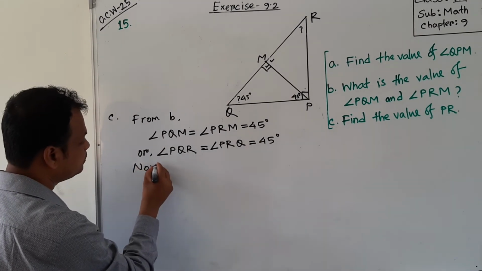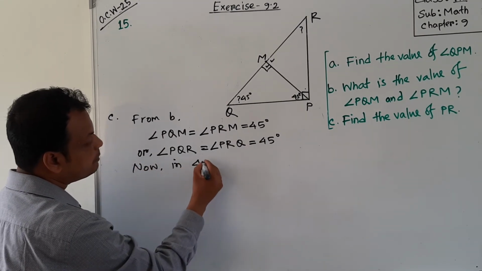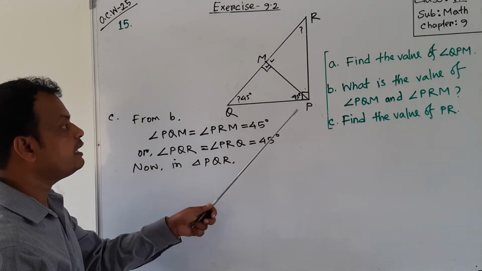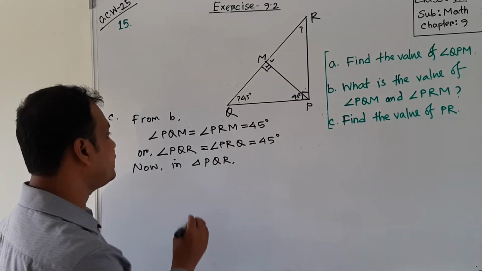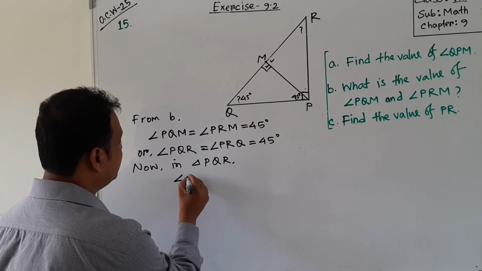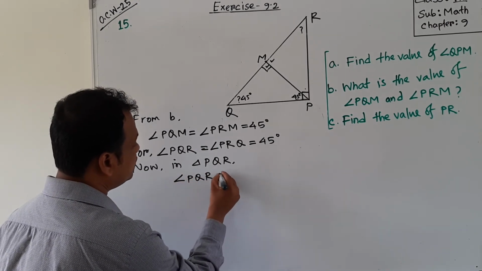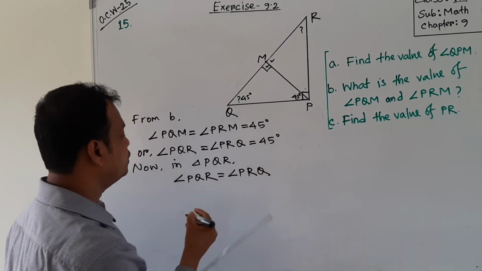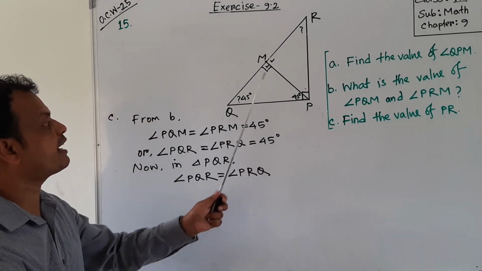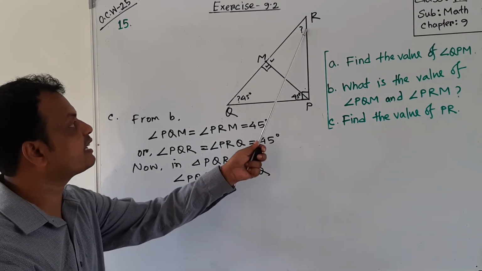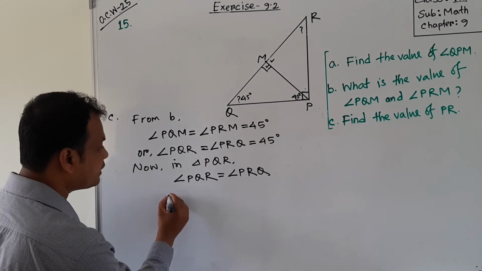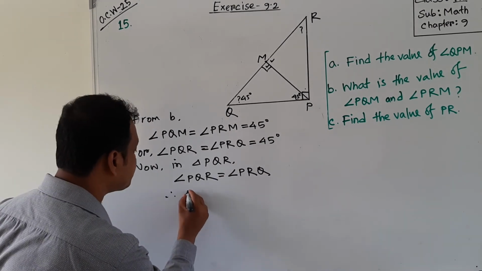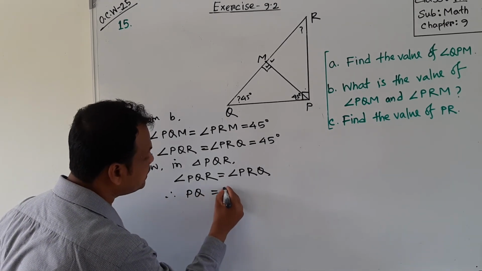Now in triangle PQR, we can tell that angle PQR equals angle PRQ. So in this triangle, this angle and this angle are equal. From here we can tell that this side and this side will be equal. That means PQ equals PR.